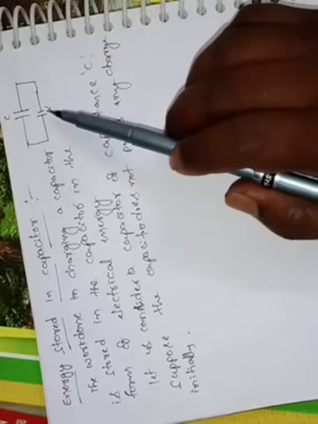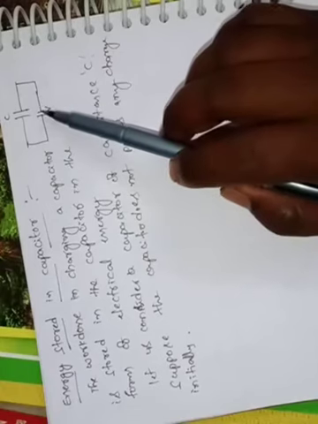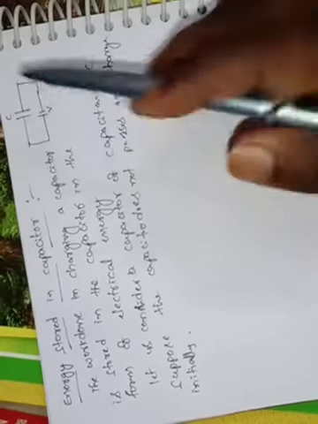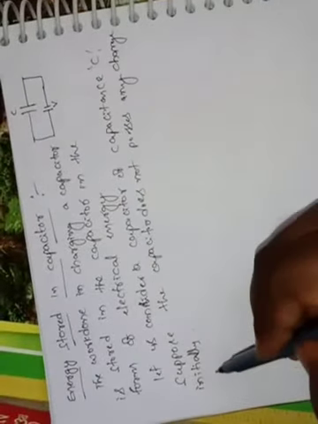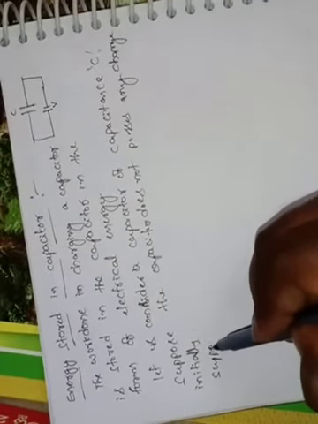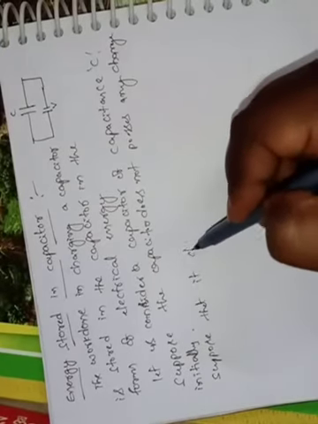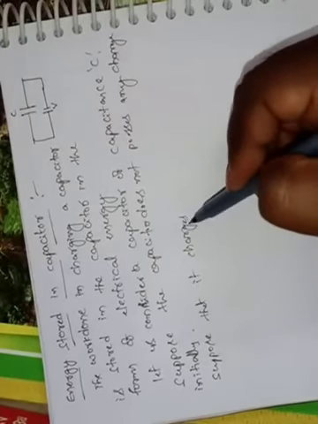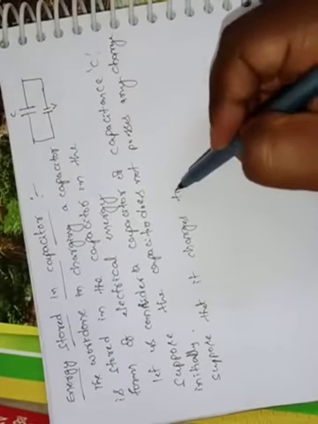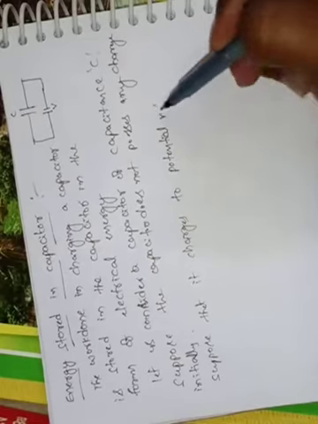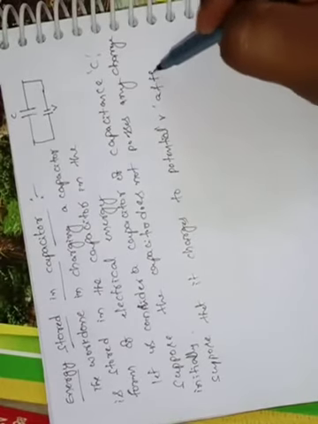Initially the time interval is 0. When the battery is connected to this capacitor, it starts to charge to a potential difference V after some time.